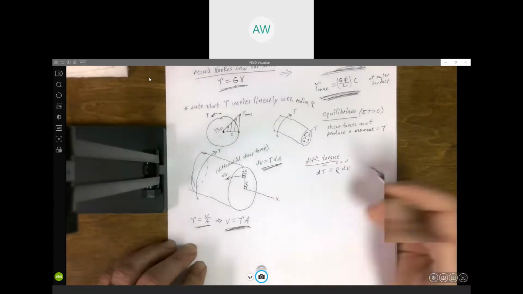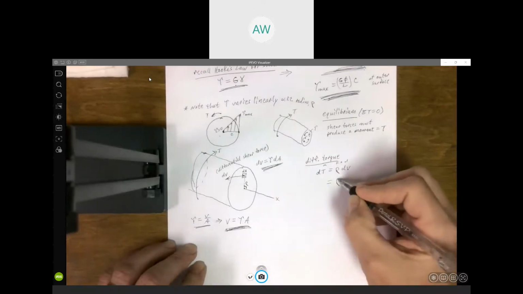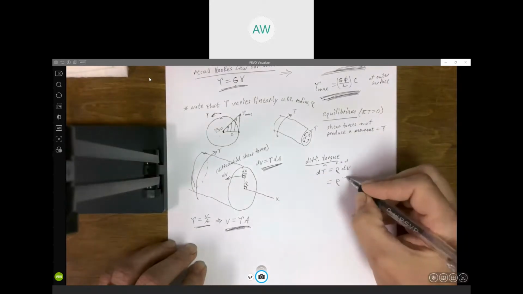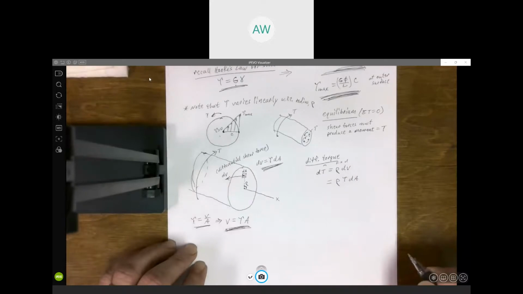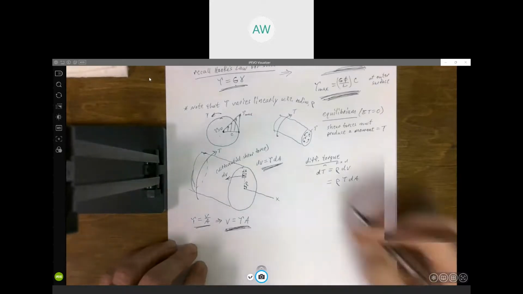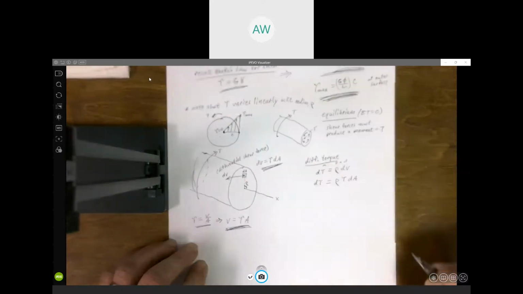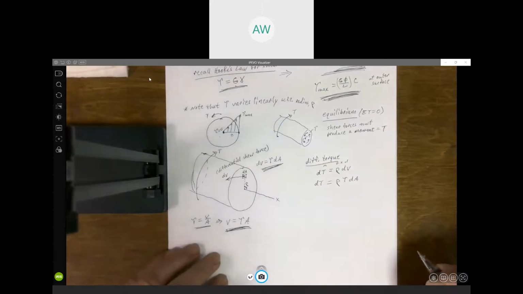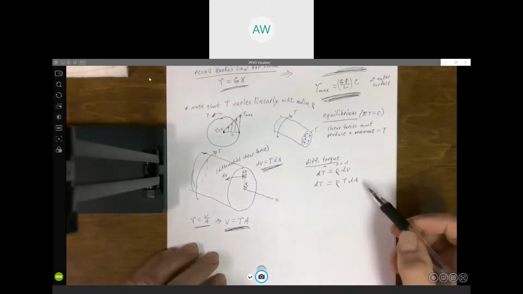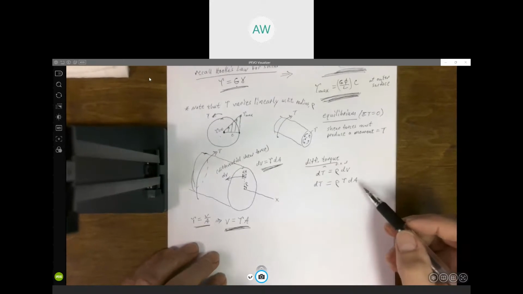But I know from over here that the differential shear force is tau times dA. Let's see, I want to substitute in for tau.